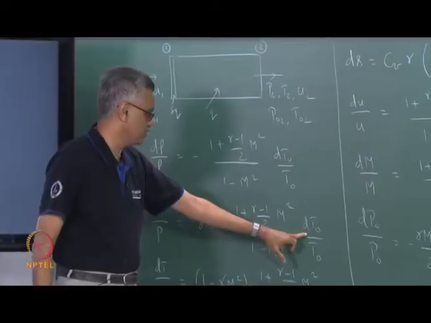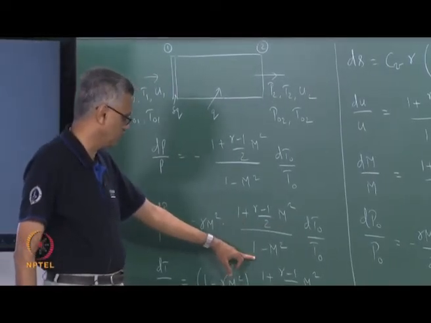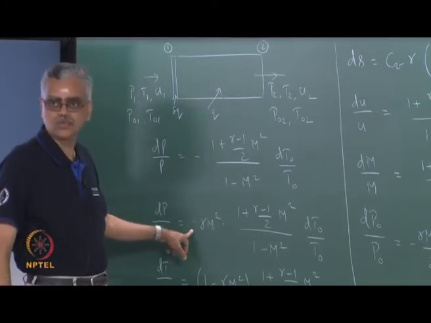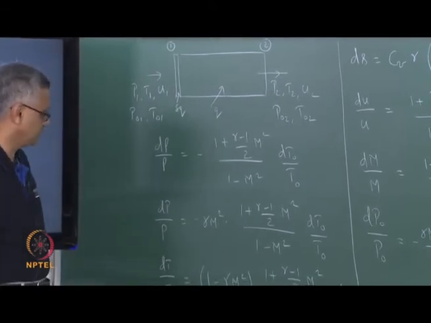right. We are doing the same thing here, this is positive, this term is also positive for m less than 1, this is also positive for m less than 1, and this is m square, there is no problem. So, dP is also negative, P also decreases. Okay. Next, we are going to look at temperature.